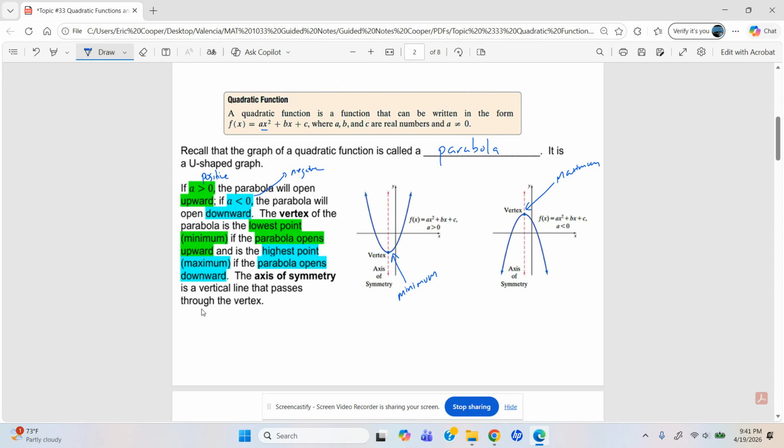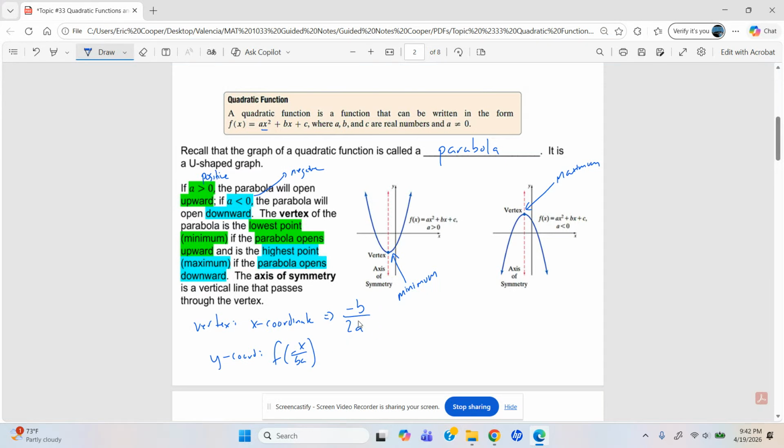So some key things to find the vertex when we have it in this ax squared plus bx plus c form. For the vertex, if I want to find the x-coordinate, we have a formula that will help us find it. And that formula is we'll take the opposite of the b term and divide it by 2a. If I want to find the y-coordinate of a vertex, I will find the function at that value.